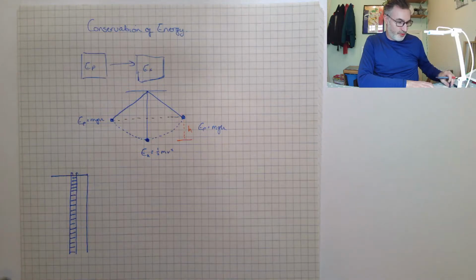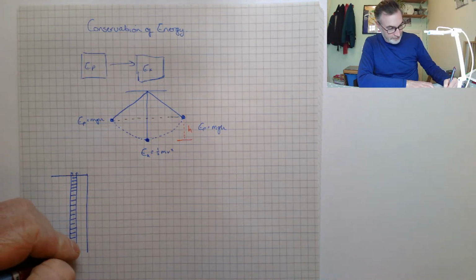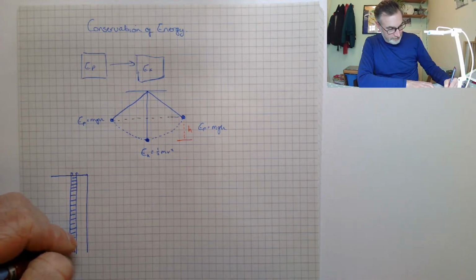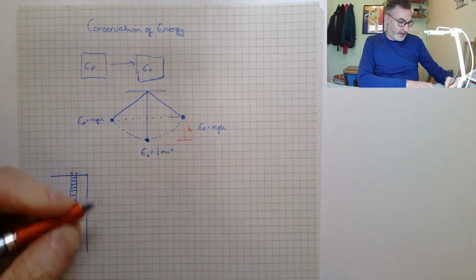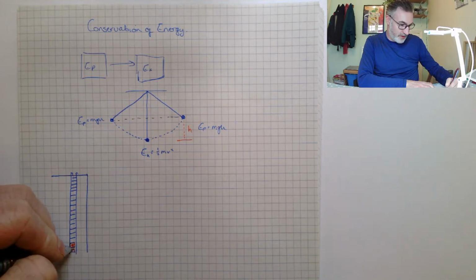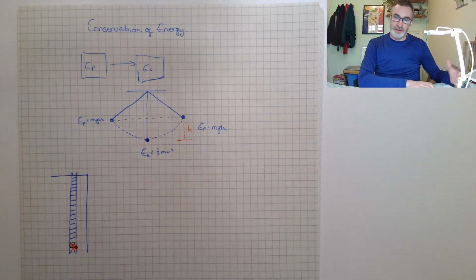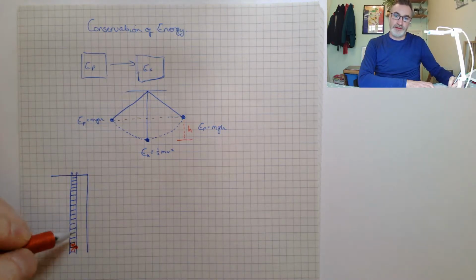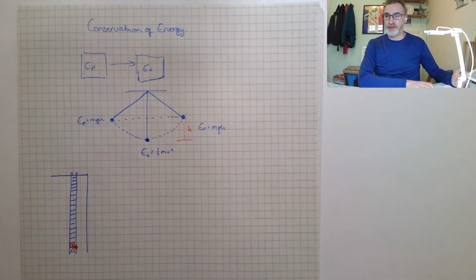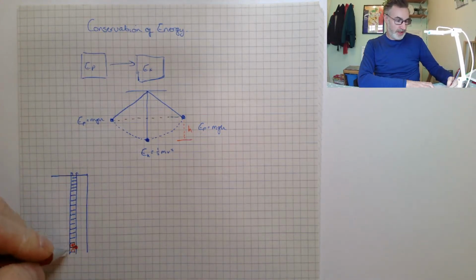So I start at the bottom of the ladder, and just say, for example, I'm going to carry up a 5 kilogram mass. Now, as I climb up, I'm going to have to use energy. So that would be the work that I'm doing to climb up the ladder. It's hard work. And it'll be even harder because I'm carrying a 5 kilogram mass in a backpack or something like that.